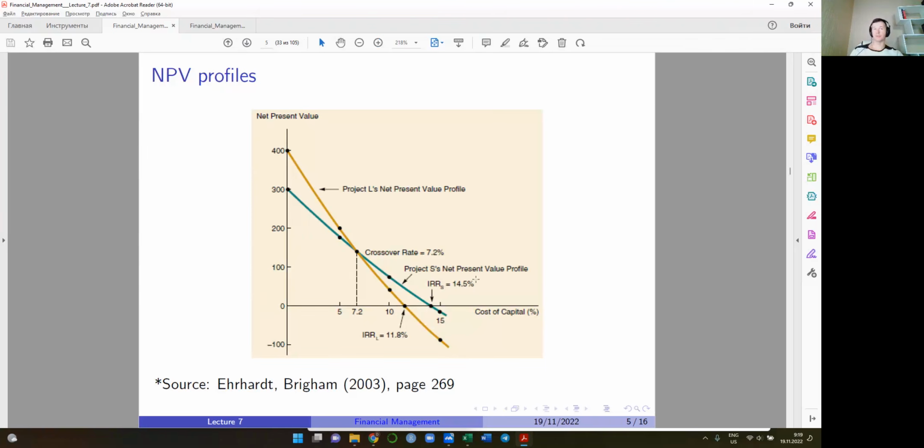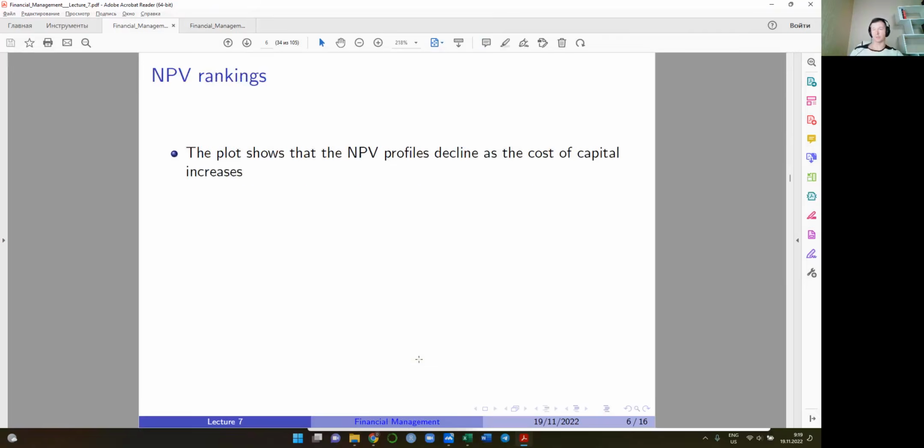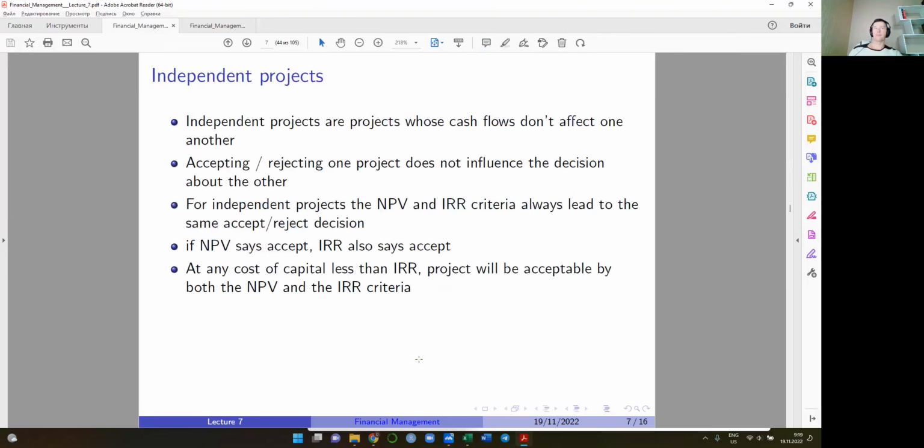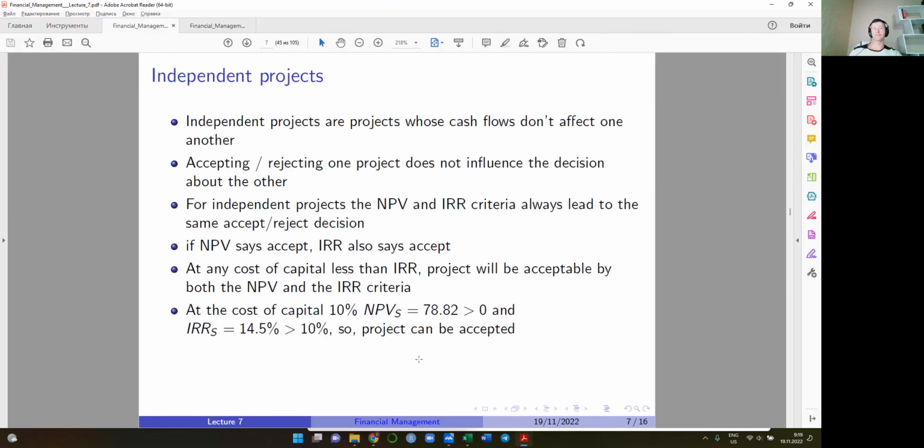IRR of S is greater, it's 14.5 versus 11.8. So both criteria signal the same decision. Project S is better, choose project S. Project L should be rejected because we cannot accept both.